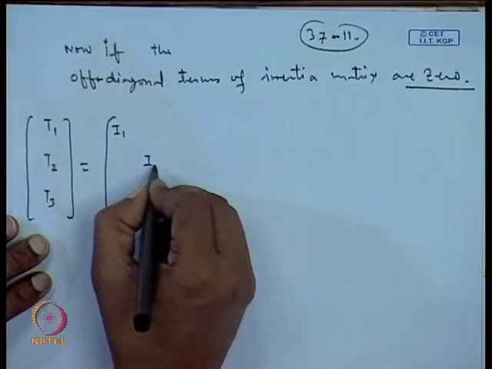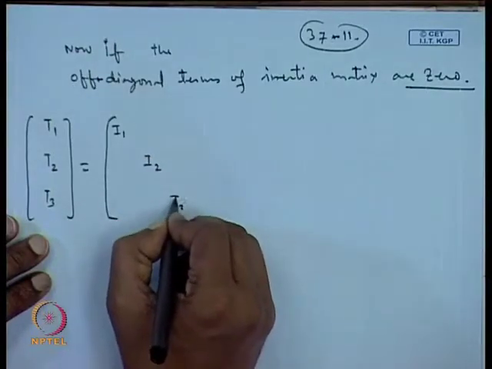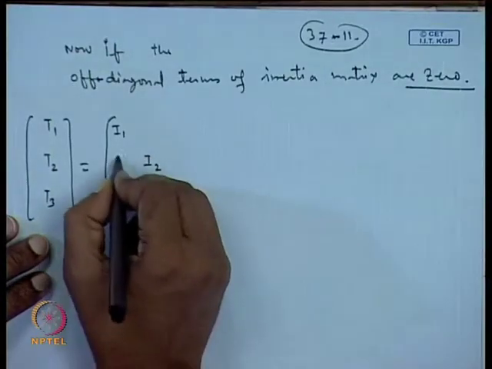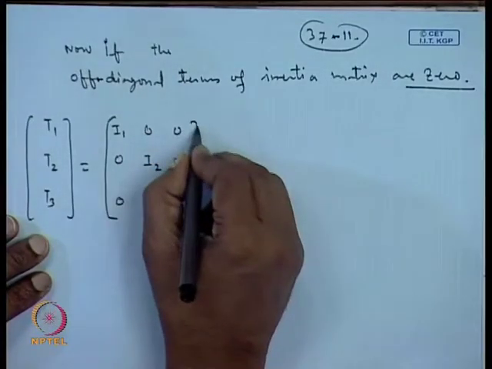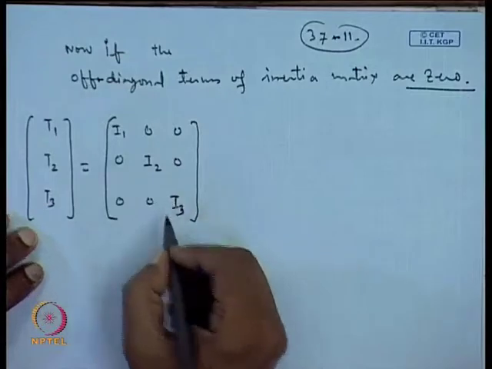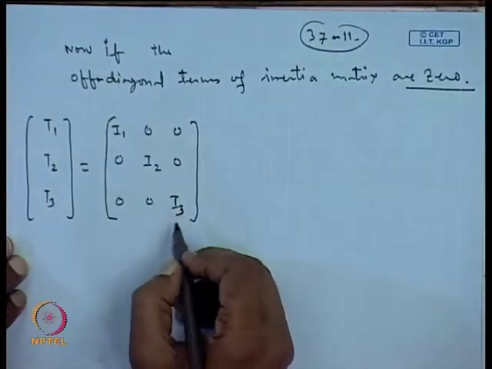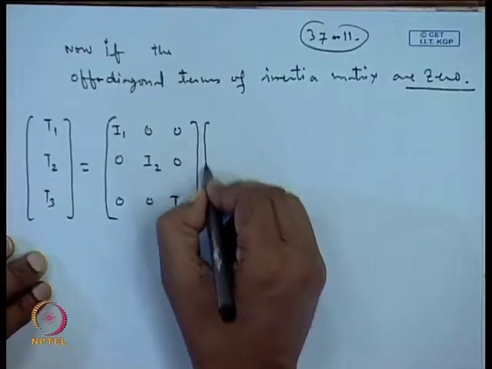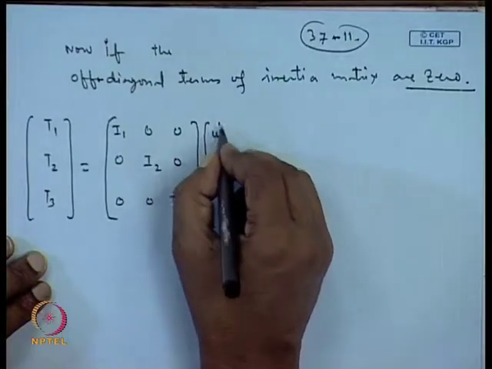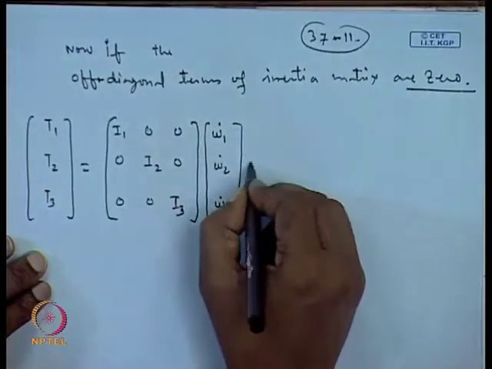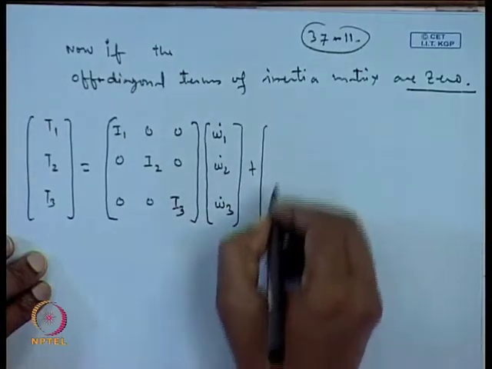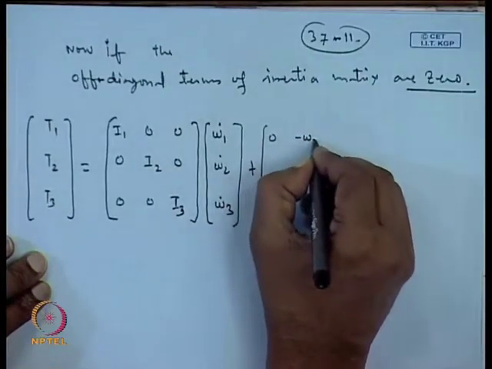So, now we write as I1, I2, I3, to indicate that these are serving as the principal moments of inertia along the 3 axes. Omega2 dot, omega3 dot, and similarly here we have 0, minus omega3.